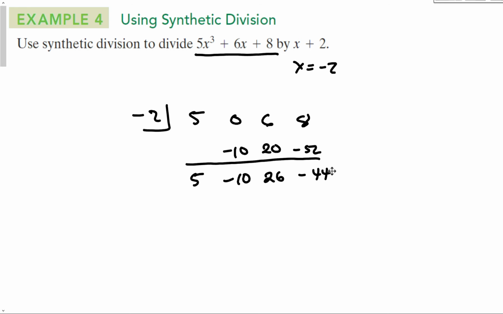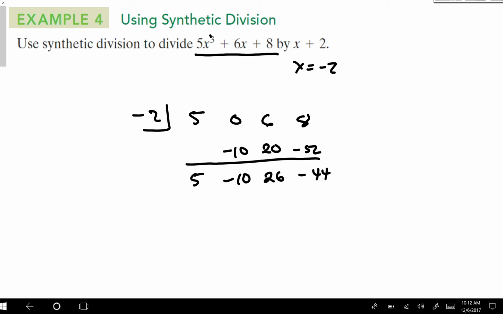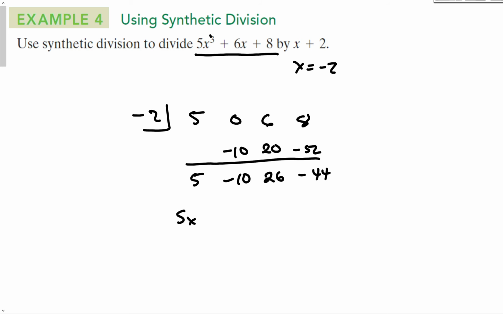So look at your answer here. And we start with 1 degree less. So this becomes 5x squared minus 10x plus 26 minus a remainder 44 over x plus 2, because that's what I divided by.